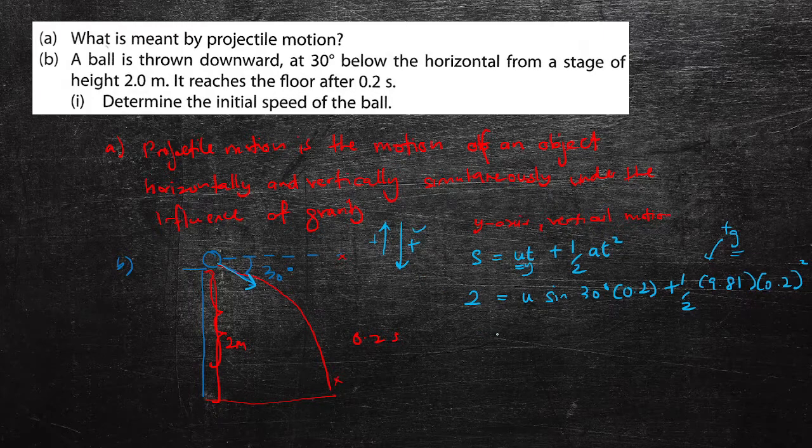So we have 2 equals u sine 30 times 0.2 plus 1 over 2 times 9.81 times 0.2 squared. So u will be 18.04 meter per second. This is the initial speed of the ball.